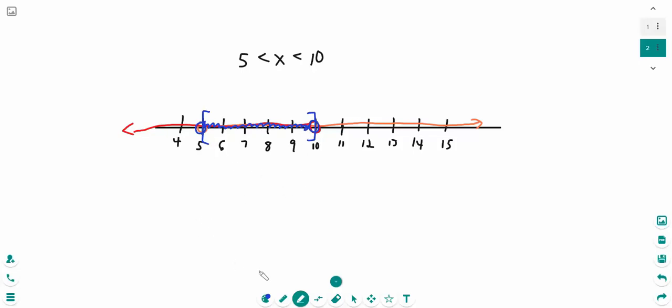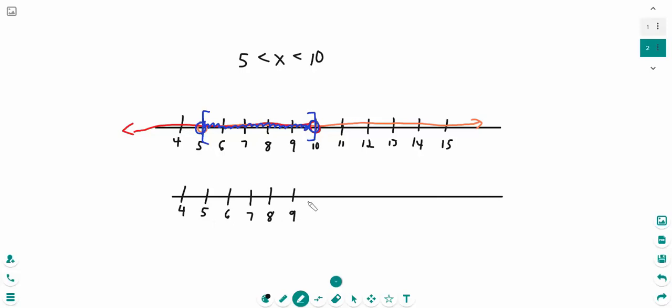So just to clean things up, let's rewrite this graph, kind of showing what the solution graph would look like. So if we've got 4, 5, 6, 7, 8, 9, 10, 11, and maybe we'll just go up to 12.